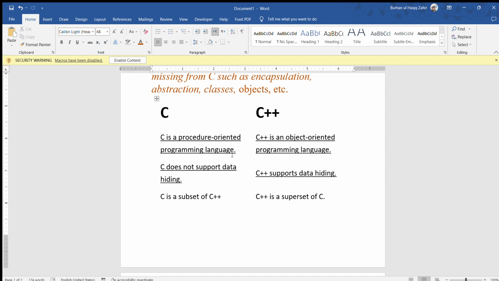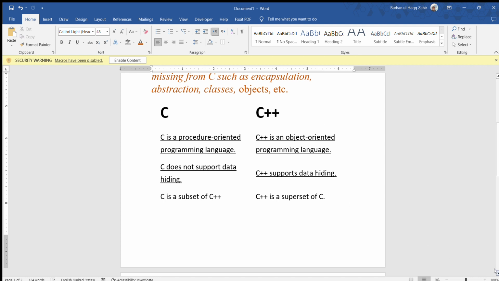You know about math, a subset is a small set. C is the subset and C++ is a superset, because C++ includes all the functionalities of C, while C has only some functions of C++.